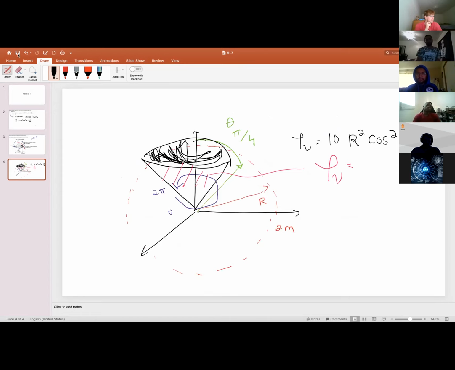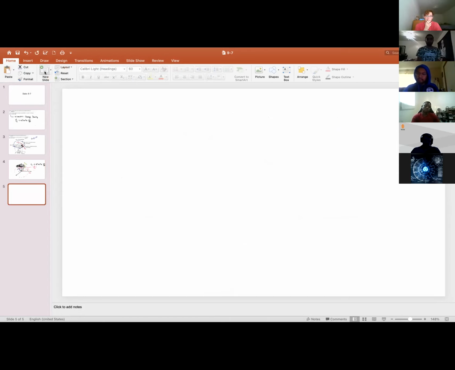That integral should look something like this. We're going to end up with a triple integral, and we know that our integral is in radius, theta, and phi.